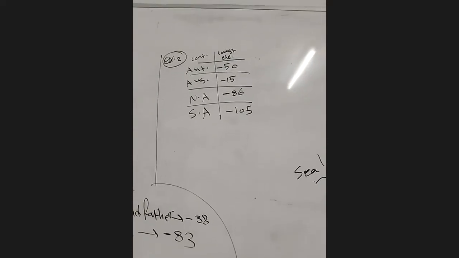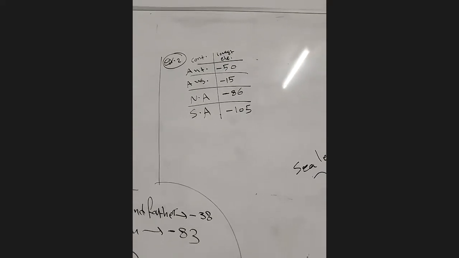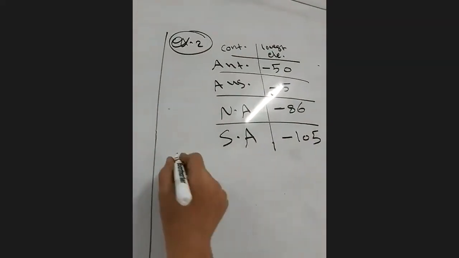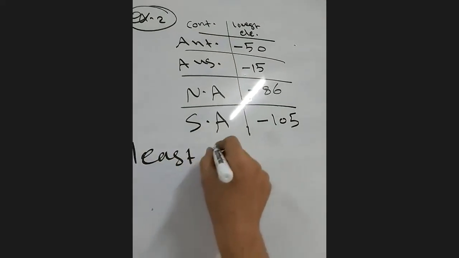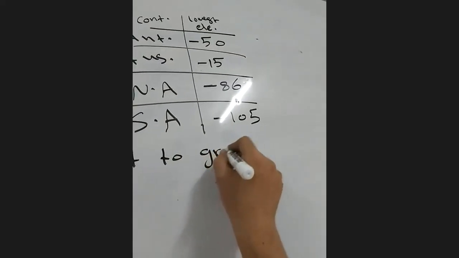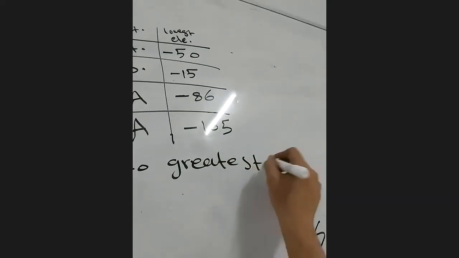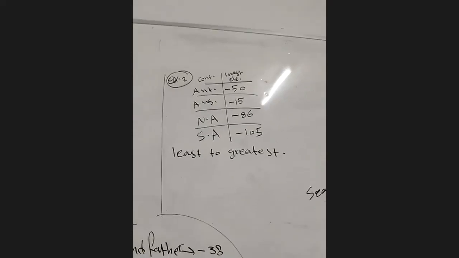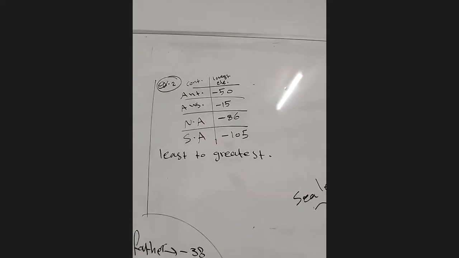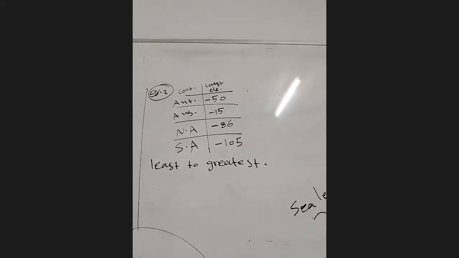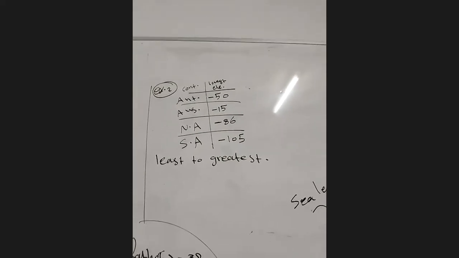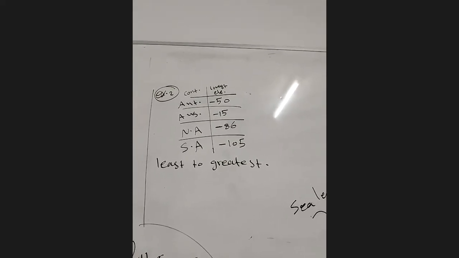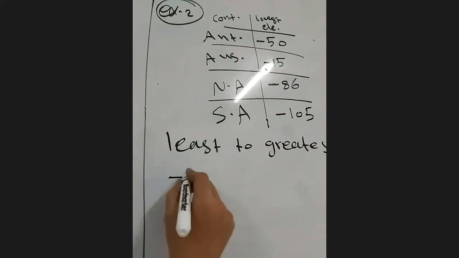Order the continents from least to greatest. From least to where? Greatest. Hamza, can you tell me what is the least elevation between them? The least is negative 105.